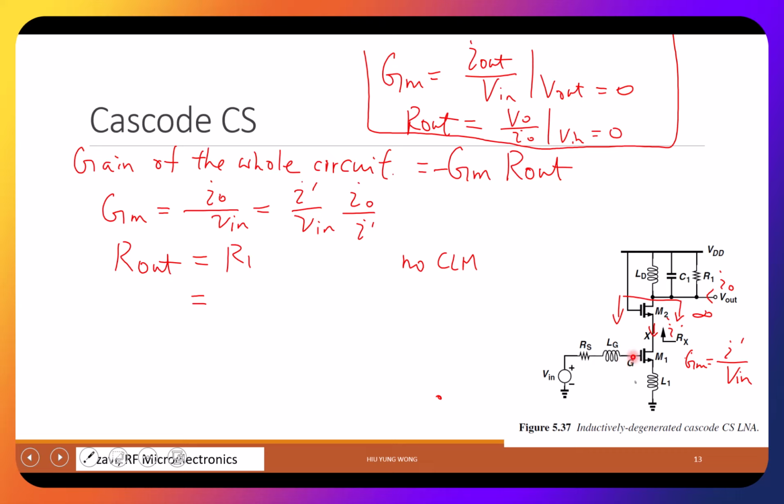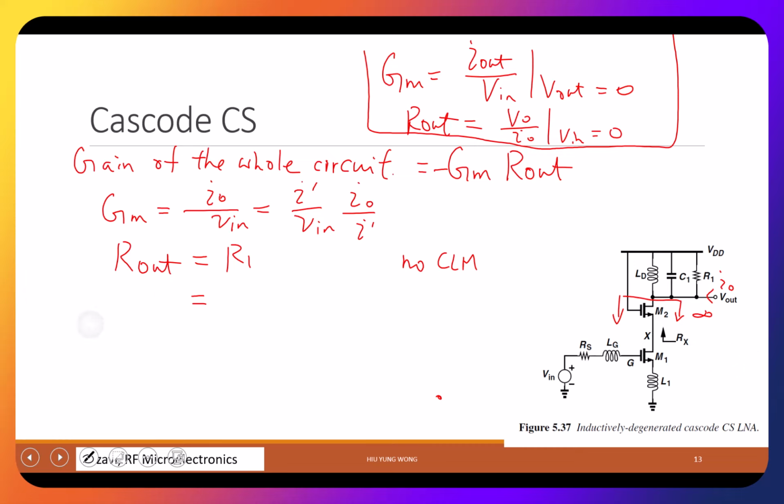Of course, I can break it into two parts: I dash divided by V in times I out divided by I dash.